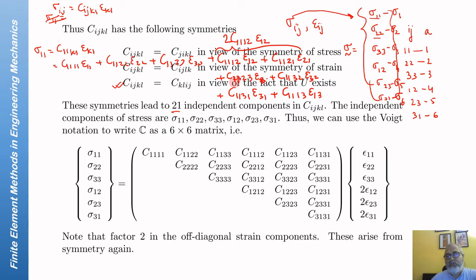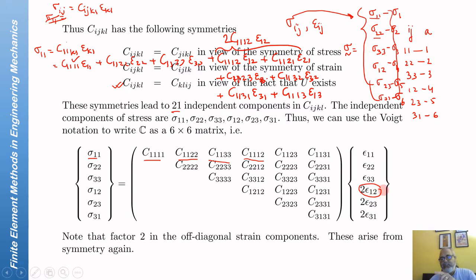Similarly, this can be written as 2 times C1123 epsilon 23, and this can be written as 2 times C1131 epsilon 31. So now I can write this first equation for sigma 11 as C1111, then C1122. Remember the ordering, C1133, then fourth is 12, and corresponding to 12 we have 2 epsilon 12 here.